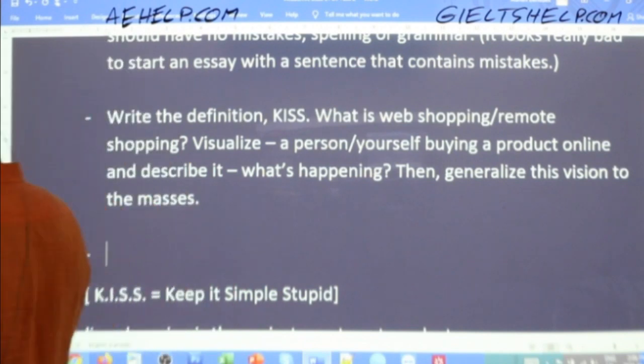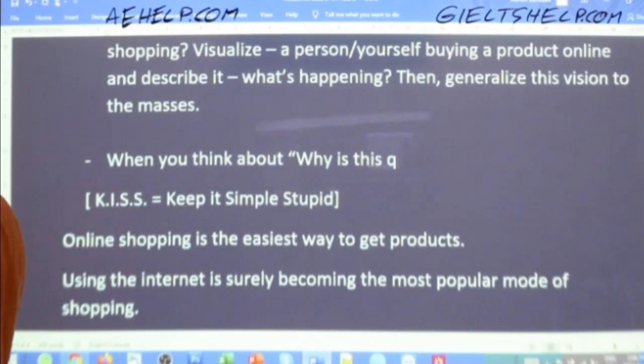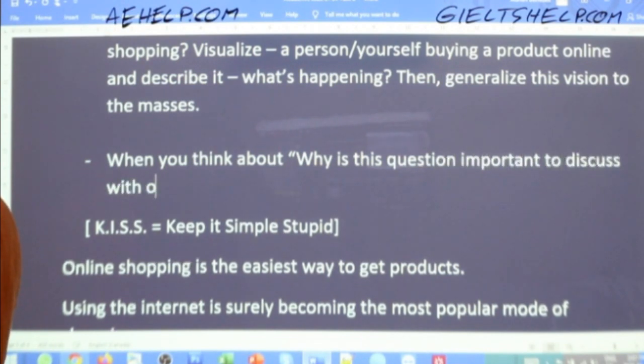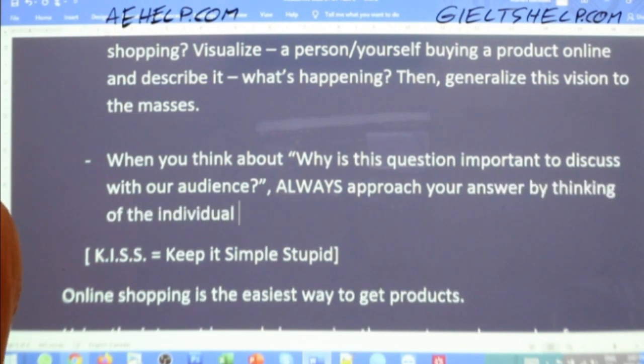So when you think about why this question is important to discuss with our audience, always approach your answer by thinking of the individual and society.